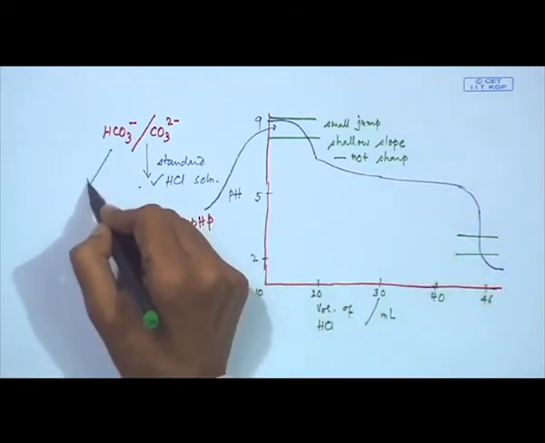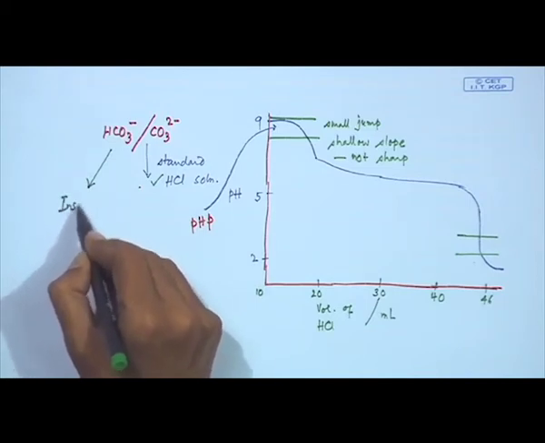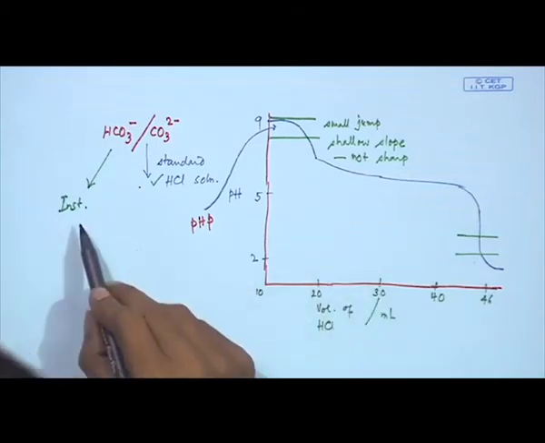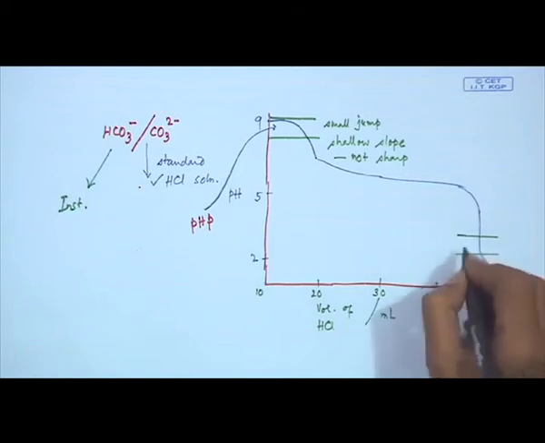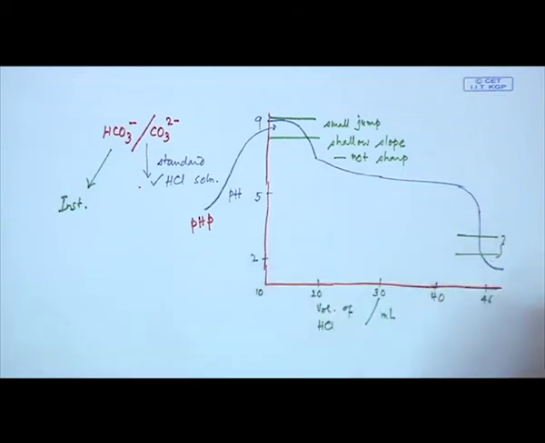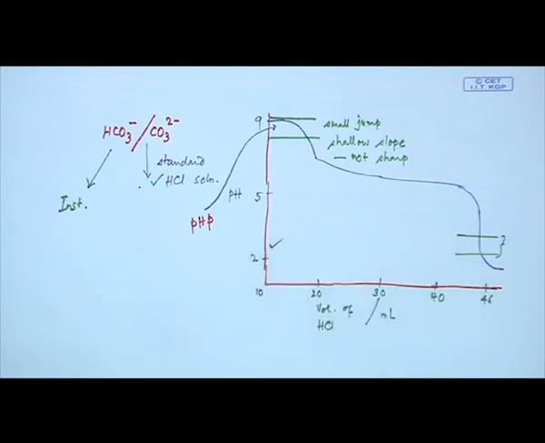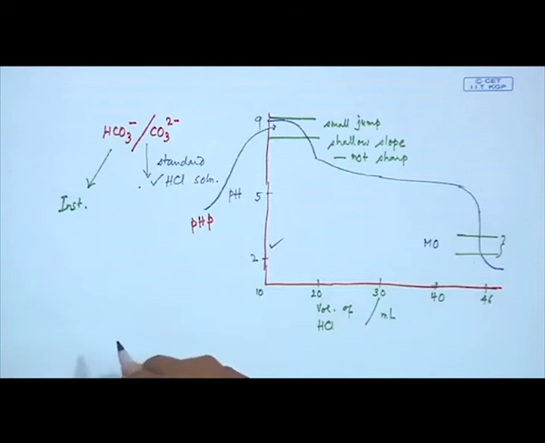But the most useful one, which we will discuss afterwards, is the use of an instrument, a potentiometer, for potentiometric titration. But this one is very sharp, and this range, as I discussed just now, is useful for methyl orange.